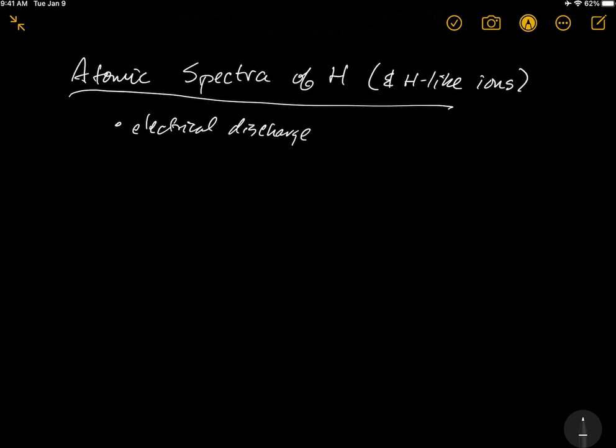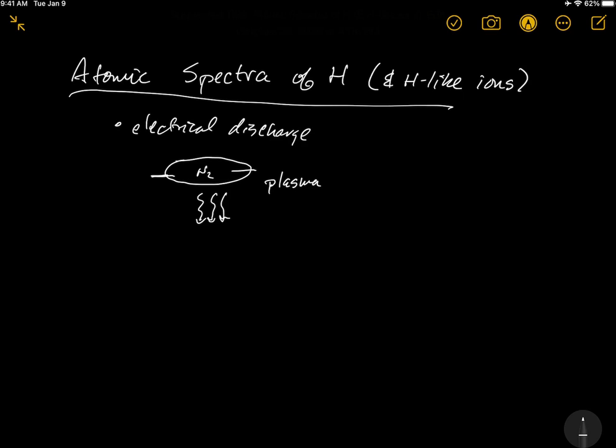Basically you've got some gas in a tube, and you have some electrodes, and when you apply a high voltage and strike an arc in this, you generate a plasma, a complex mixture of atoms in the excited state and ions and free electrons.